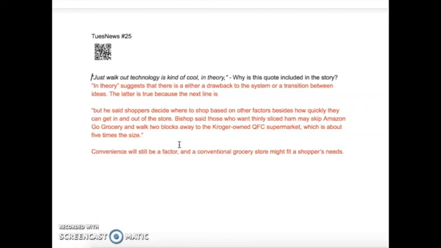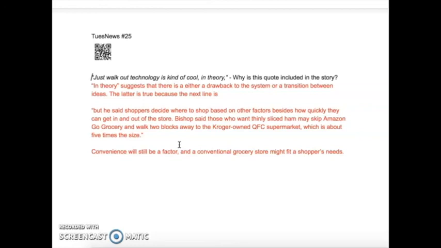Why is this quote included in the story? Well, the in theory part suggests that there is either a drawback to the system or a transition between ideas. The latter is true because the next line is, but, he said, shoppers decide where to shop based on other factors besides how quickly they can get in and out of the store.